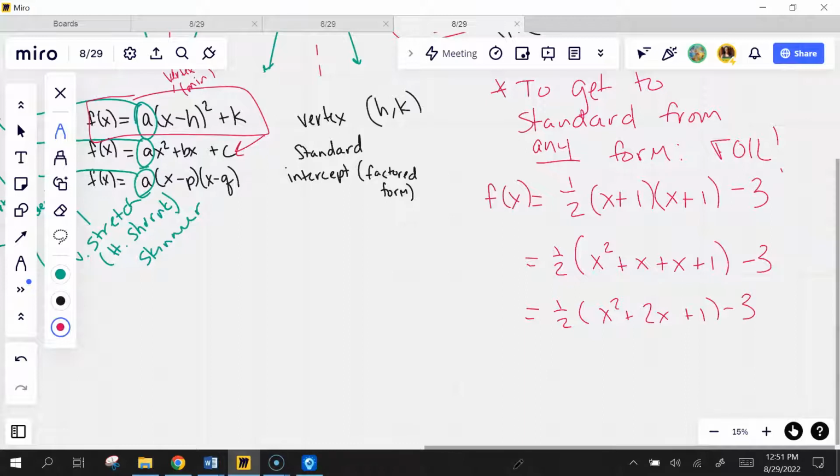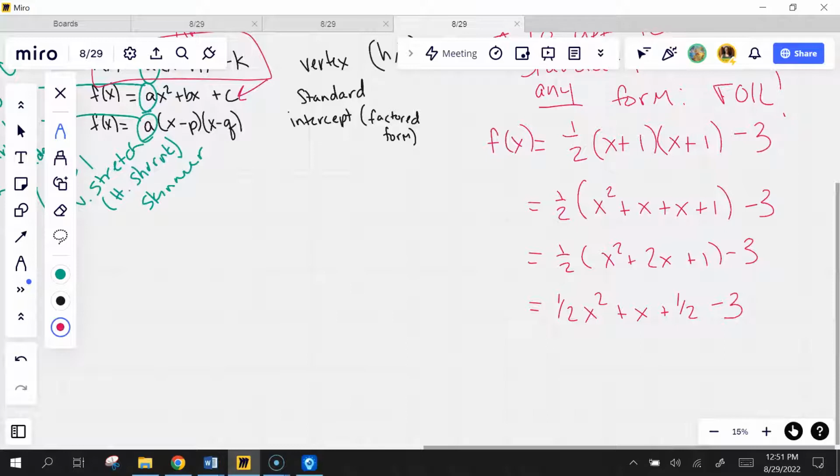Now I need to take the 1/2 through, and combine like terms. 3 is the same thing as what? 6/2. So I get 1/2 x squared plus x minus 5/2. And now I'm in standard form.